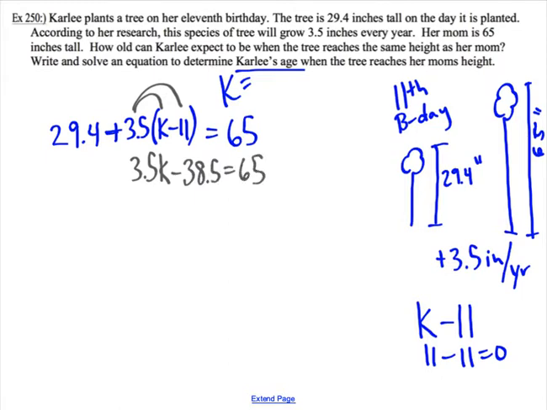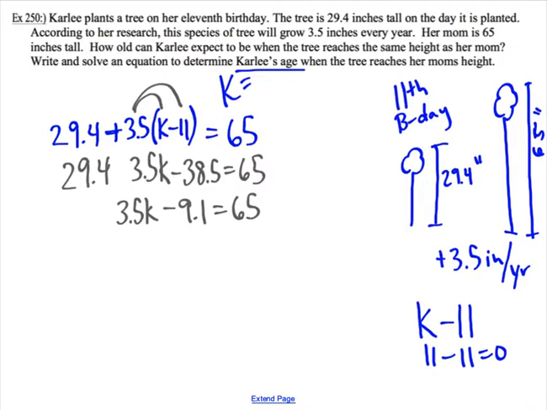And I need to make sure I don't forget this 29.4. Then we're going to add like terms. 29.4 and negative 38.5 make negative 9.1. So we get 3.5K minus 9.1 is 65.